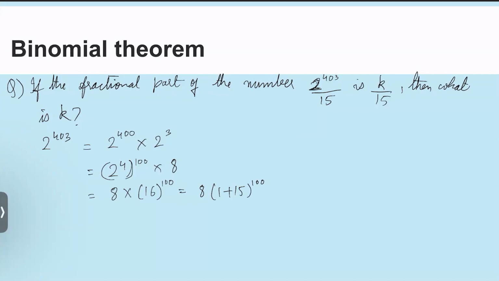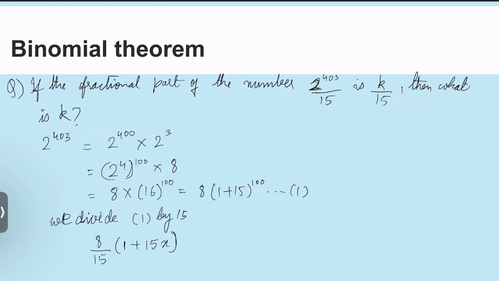Okay, so if we divide by 15, what do we get? 8 by 15 (1 plus 15x). Okay, so this x is actually the entire expansion part. We'll just keep it at that.